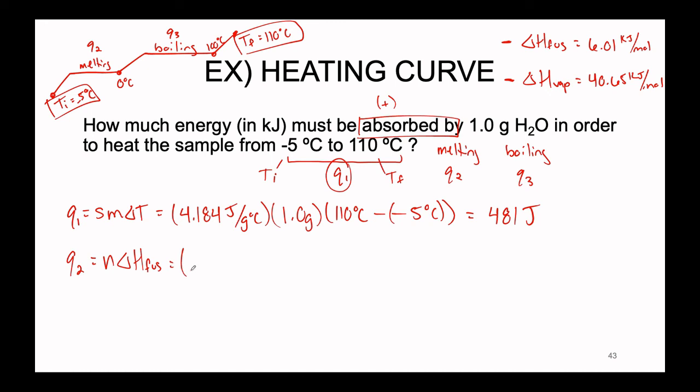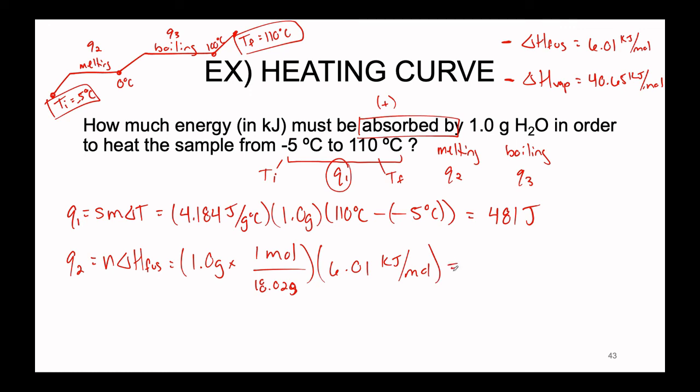Now the number of moles of water is not explicitly given to us, but we can always use dimensional analysis and take our mass times the molar mass of water, which is 1 mole per every 18.02 grams. And again, we can use the periodic table to find numbers like this. We'll multiply this by our enthalpy of fusion, which is 6.01 kilojoules per mole.